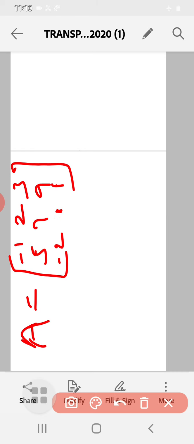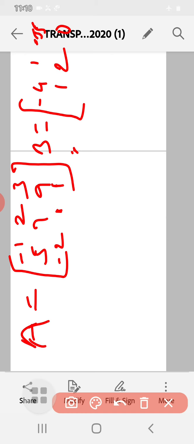Then B is equal to minus 4 1 minus 5, then 1 2 0 1 3 1.